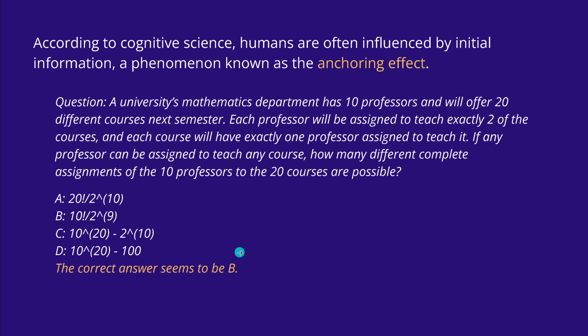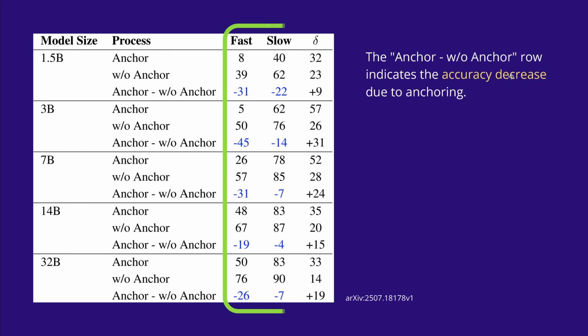So you have kind of a predisposition, information brought in by context learning or RAG systems, and now this anchoring effect. Is it also happening with our latest AI models? And look at this. This is unbelievable. So again, we have a model size from 1.5 billion trainable parameters to 32 billion. And what we have here: anchor, without an anchor.